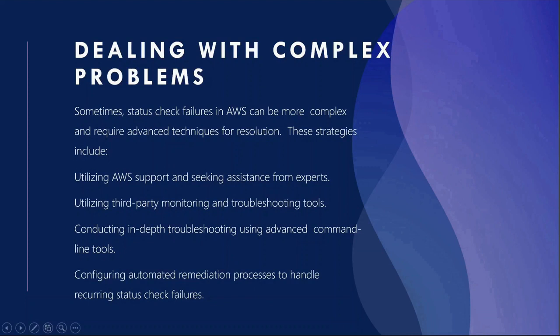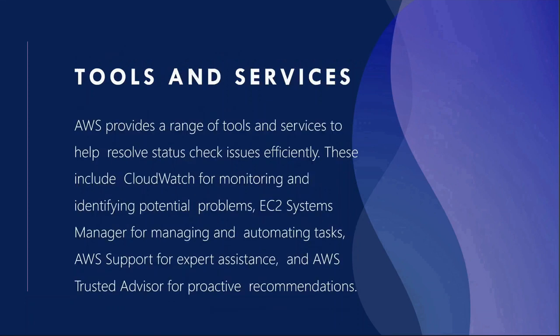Whenever we are facing complex status check failures, it would be better to utilize AWS support and seek assistance from experts, utilize third party monitoring and troubleshooting tools, conduct in depth troubleshooting using advanced command line tools, and configure automated remediation processes to handle recurring status check failures.